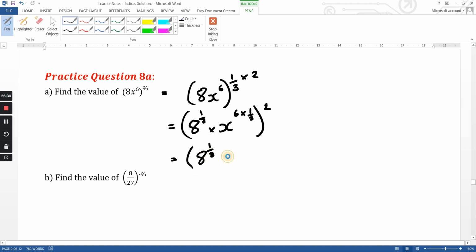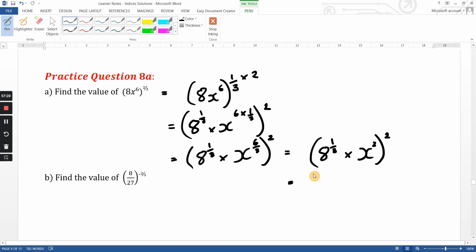Okay, and this gives me 6 over 3, which will simplify in a minute. So I've got 8 to the power 3rd times 6 over 3 is 2, so that's going to be x squared. Still got a square on the outside.